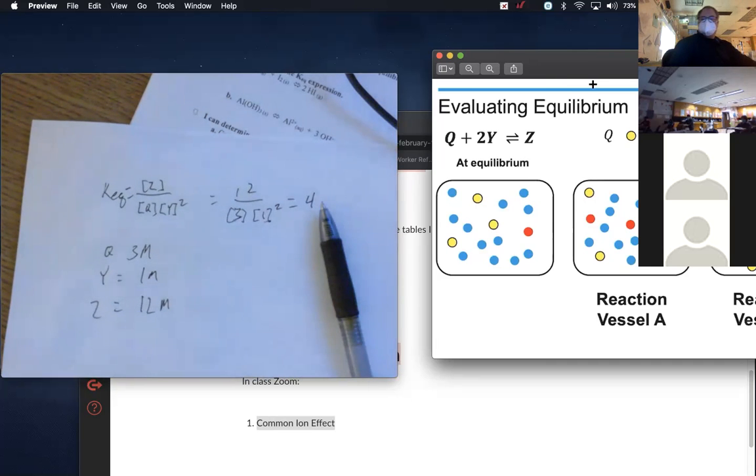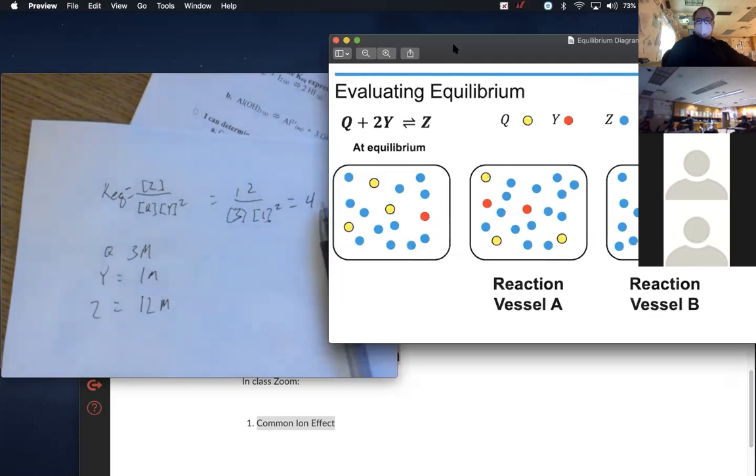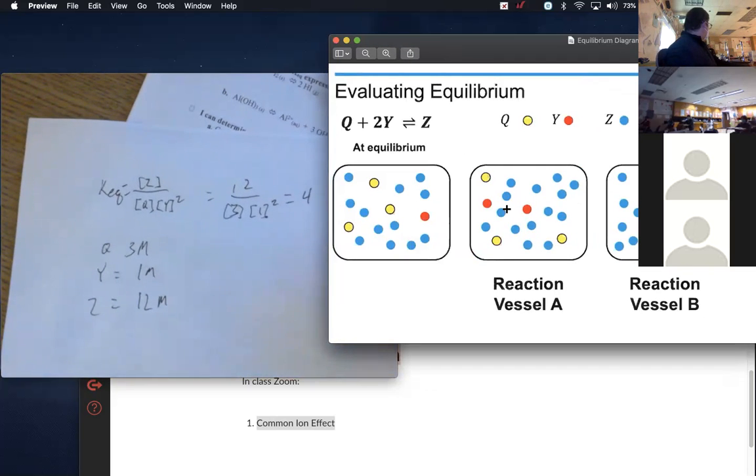So now we are going to look at reaction vessel A, and we are going to determine what we call Q. Remember, Q is the quotient. That doesn't necessarily mean it's at equilibrium. So if we count these up, we've got 3 Q, 2 Y, and 1, 2, 3, 4, 5, 6, 7, 8, 9, 10, 11, 12, 13, 14.